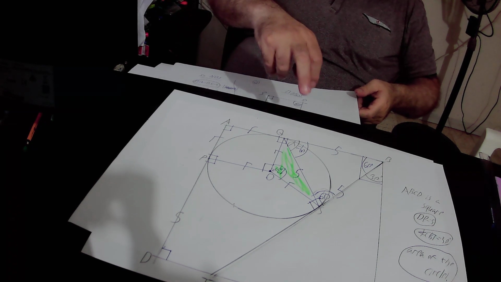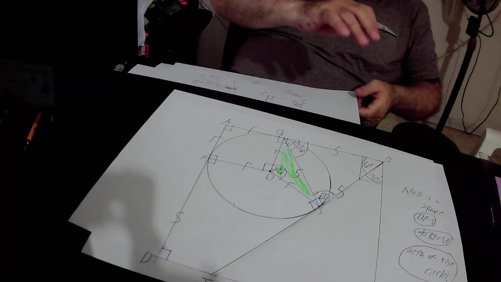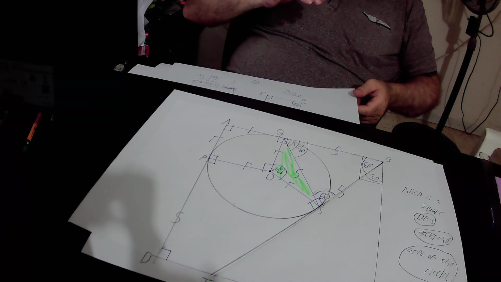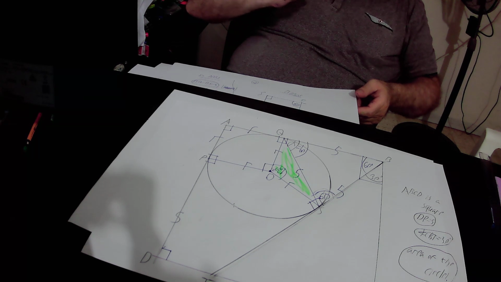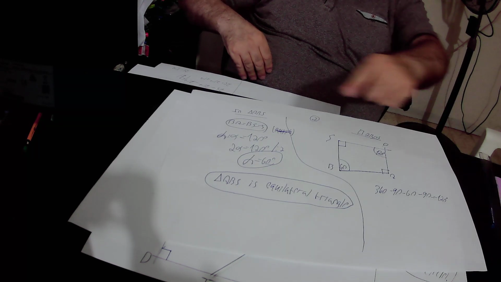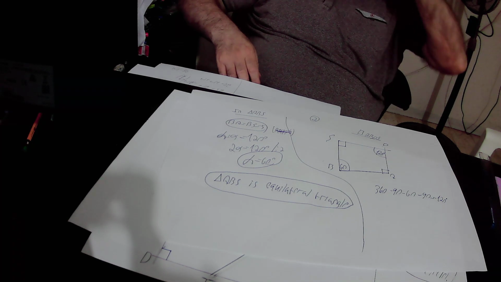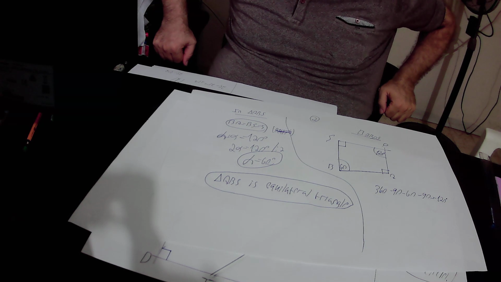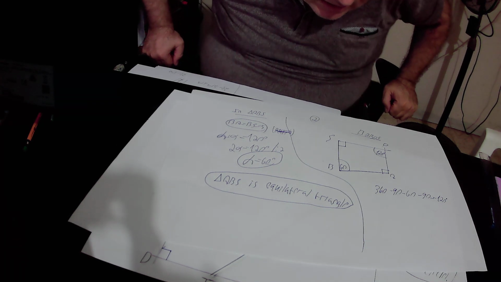So inside triangle QBS, all three angles are equal to 60 degrees. Therefore, triangle QBS is an equilateral triangle, and we know that all the sides of an equilateral triangle are equal to each other.